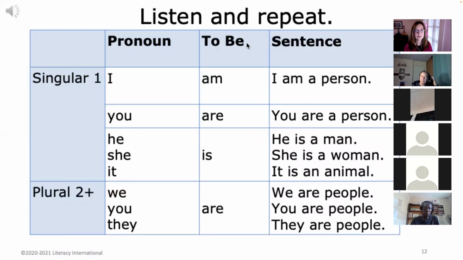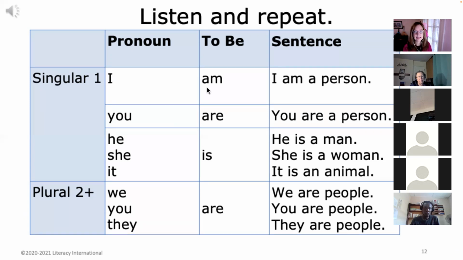Okay, so when we're teaching grammar, we often use charts like this. In the Light of the World materials, we have a lot of grammar charts. That's just a way for students to visually dissect the information and see patterns in it. One of the first verbs we learn in the simple present tense is the verb to be, which has 3 different forms in the present tense: am, is, are.